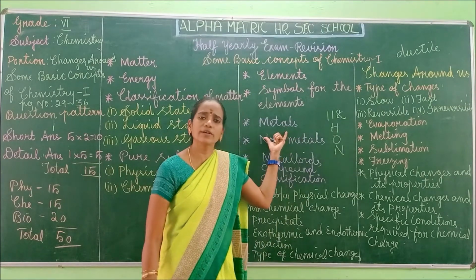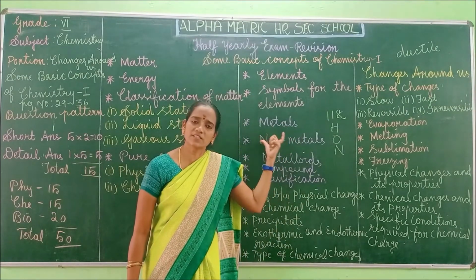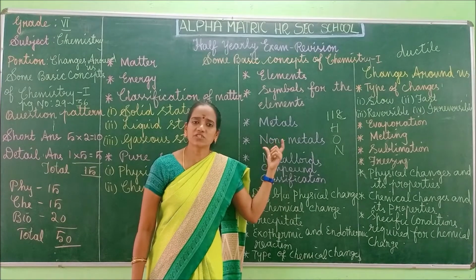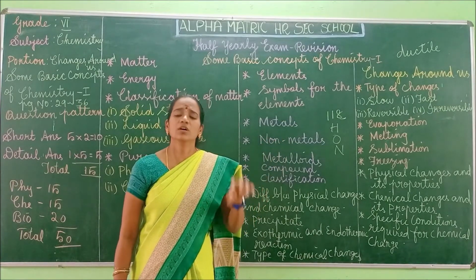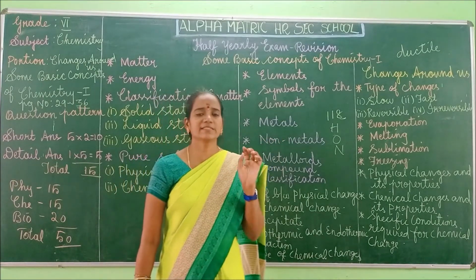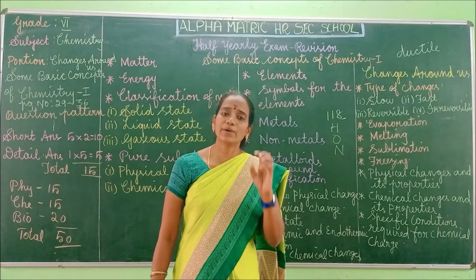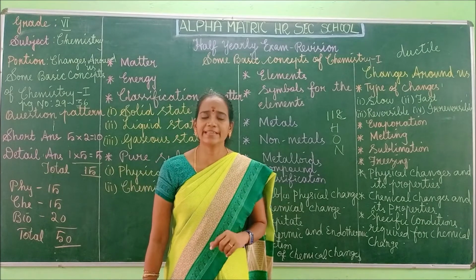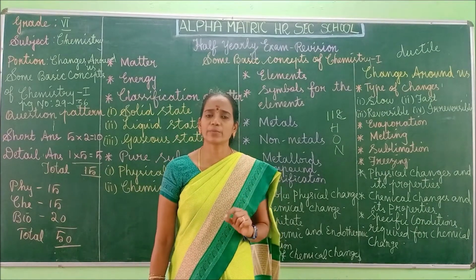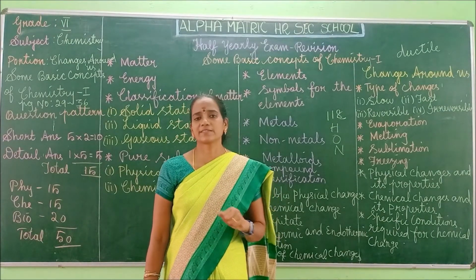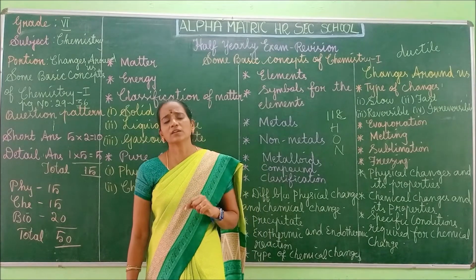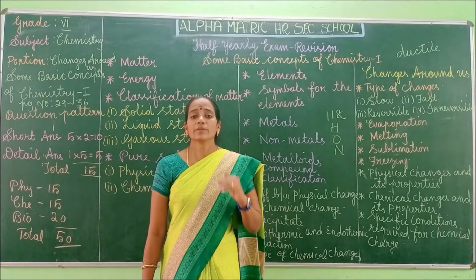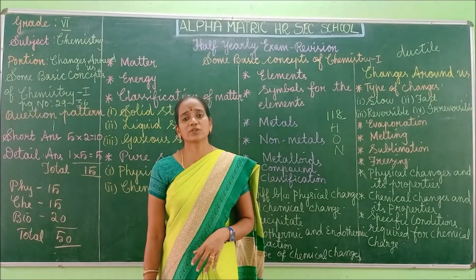What are the points? First, metals are solids under normal conditions of temperature and pressure. Metals have high density. Metals have high melting point and boiling point. All metals are shiny in nature. The typical shine of the metal is called metallic luster. Metals are malleable and ductile in nature.